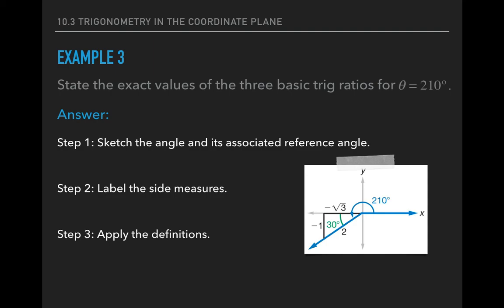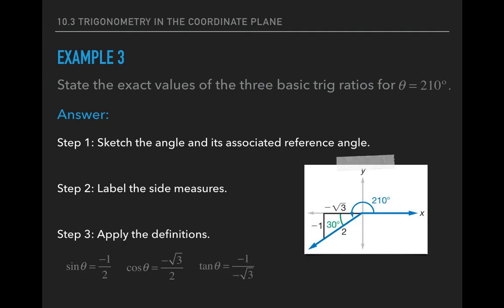Okay, so now the 3rd step is just to apply our definitions. Sine of 30 would be opposite, which is -1, over the hypotenuse, which is 2. Cosine will be adjacent to 30, which is negative square root of 3 over your hypotenuse, which is 2.